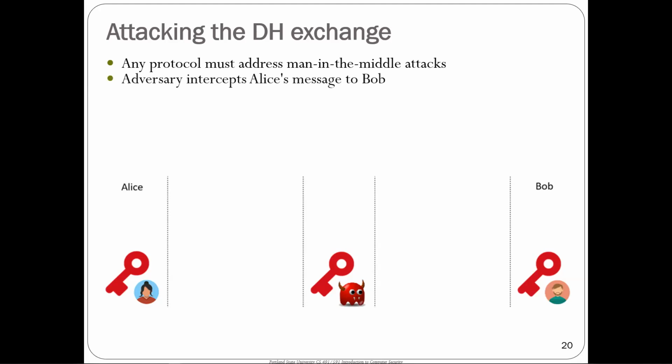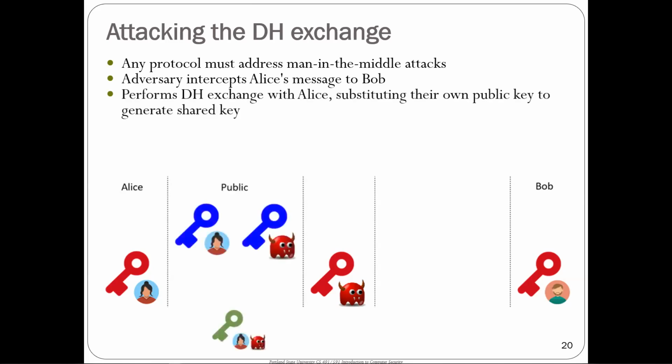So basically, an adversary in the network could intercept Alice's message to Bob in the Diffie-Hellman key exchange, and then perform the Diffie-Hellman key exchange with Alice, substituting their own public key to generate that shared key. So Alice is thinking she's establishing a Diffie-Hellman key exchange with Bob, but the adversary is in the middle, hijacking this and rewriting that key exchange message so that it's their own.